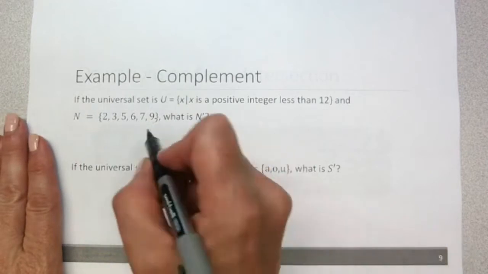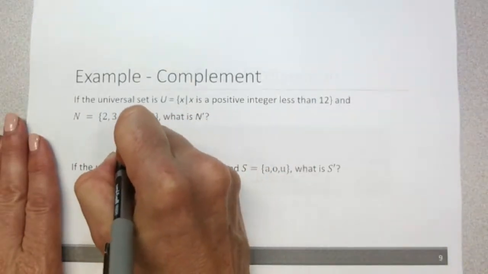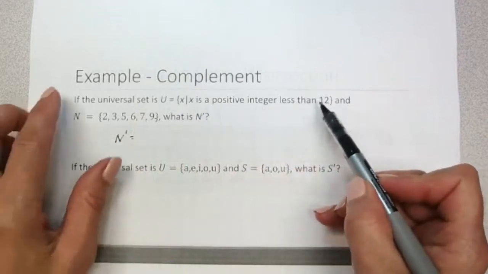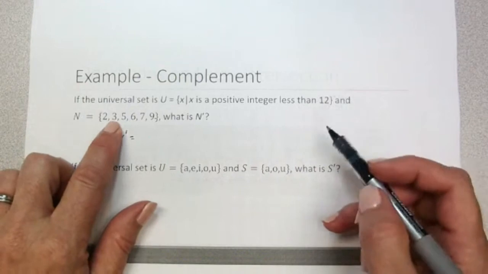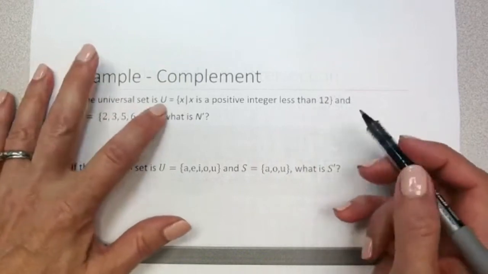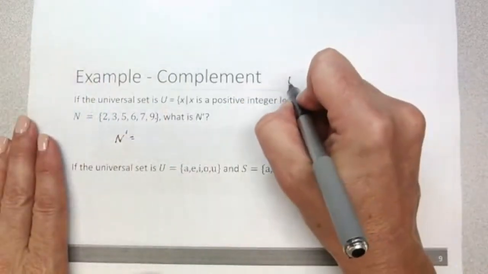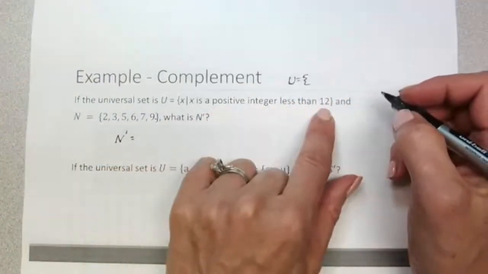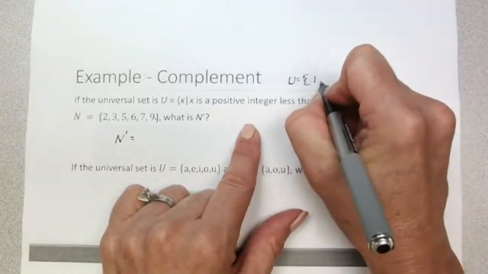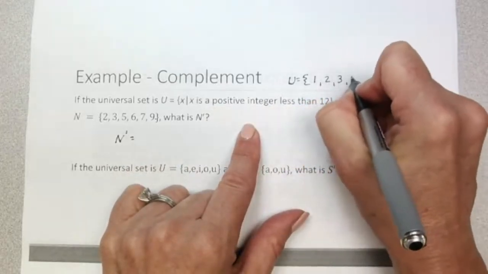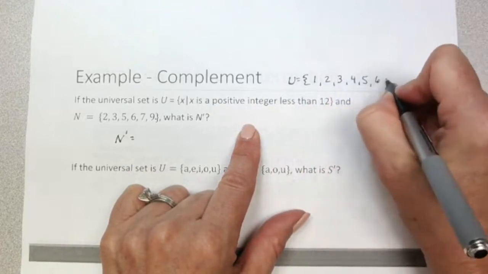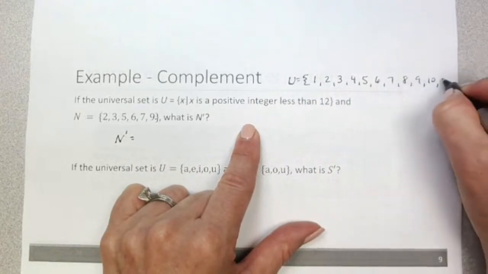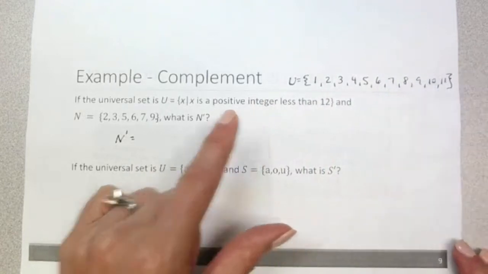The complement of N is going to be all the elements in this universal set that are not in N. Sometimes it's easier to look at the universal set in its roster method to compare them, so I might write it out that way. In roster method, positive integers less than 12 are going to be 1, 2, 3, 4, 5, 6, 7, 8, 9, 10, and 11.